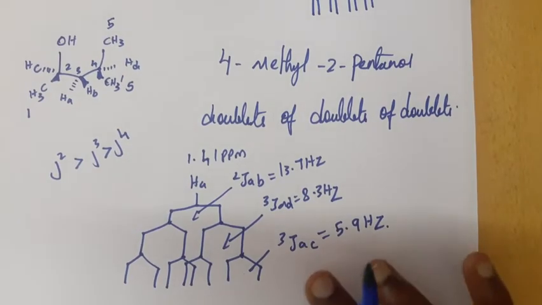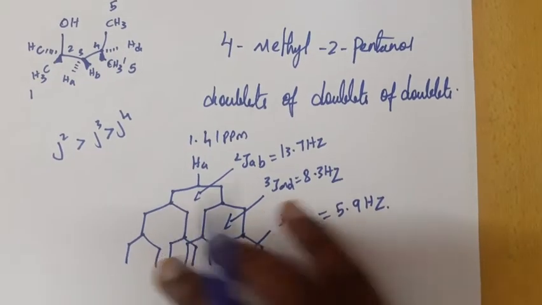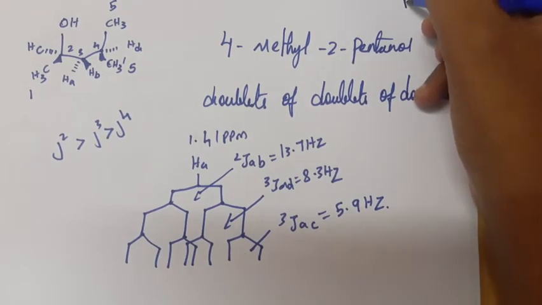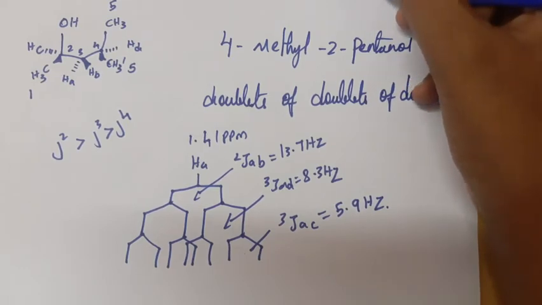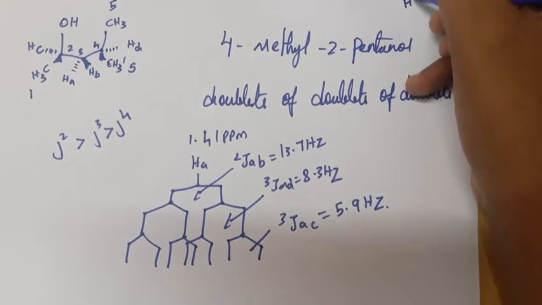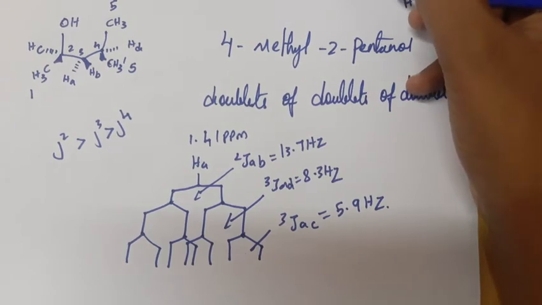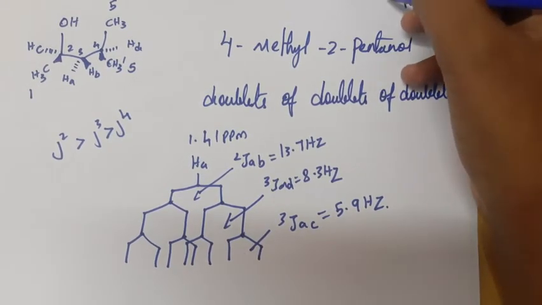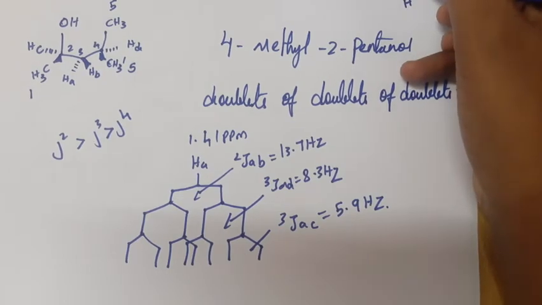You see, it's a phenomenon arising if you have a magnetically non-equivalent proton, of 3 different non-equivalent protons with the proton in concern. It means our target proton is surrounded by 3 non-equivalent protons, and all these non-equivalents are single protons.